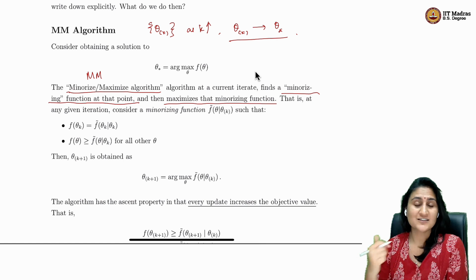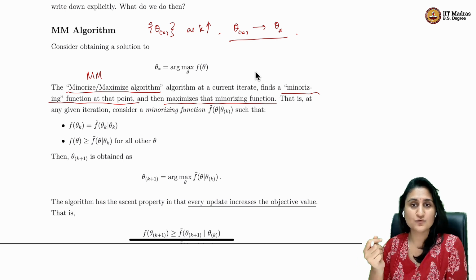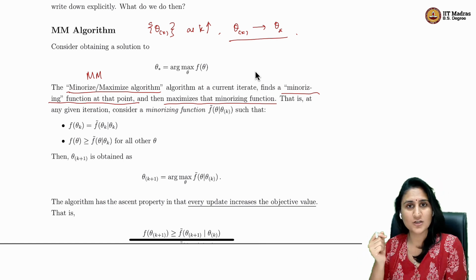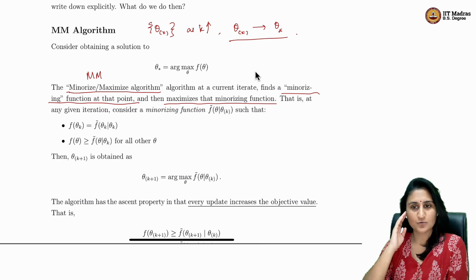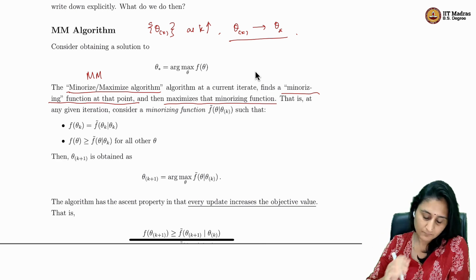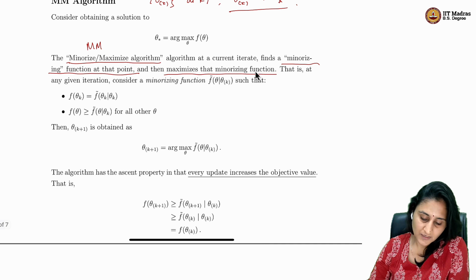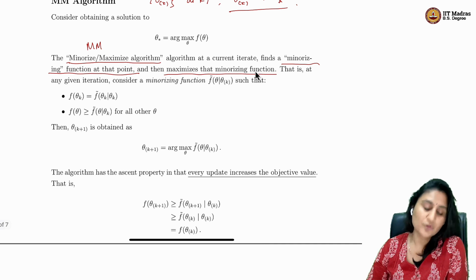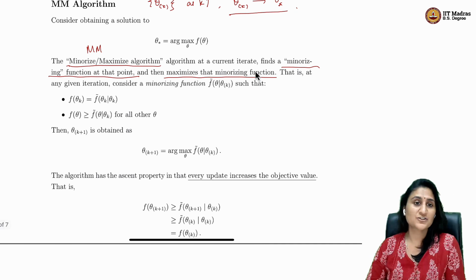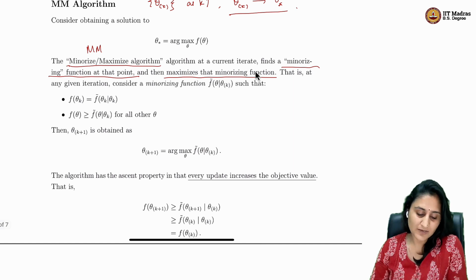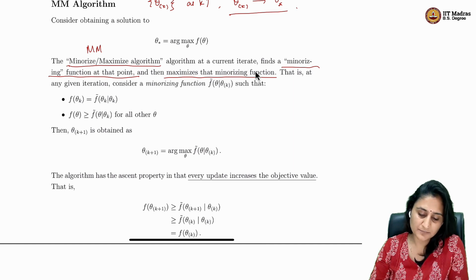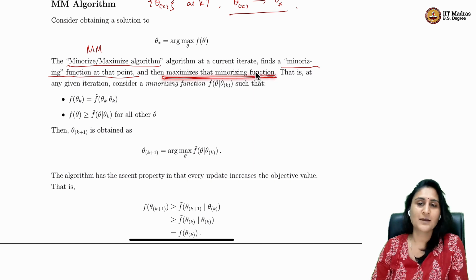We saw in the gradient ascent algorithm, if we choose good starting values and good learning rates, this holds true as well. Now, the question is, how do we actually implement this algorithm? Well, the idea is that we're going to find something called a minorizing function at any current iterate theta k, and then we will maximize that minorizing function.